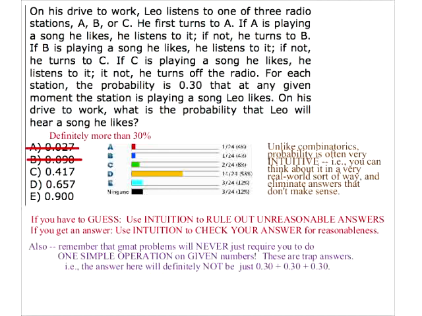Also, the answer will definitely not be just 0.30 times 0.30 times 0.30. I'll just check why, because that's 1 minus 0.3. If so, then no, because if I had, you know, like 20 radio stations, then my chance would be pretty darn close to 100%.